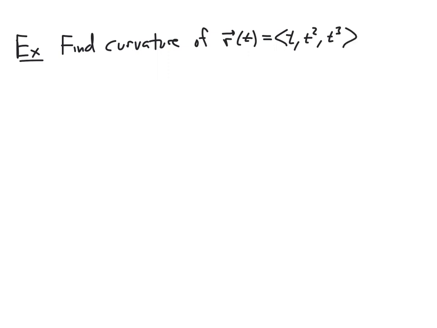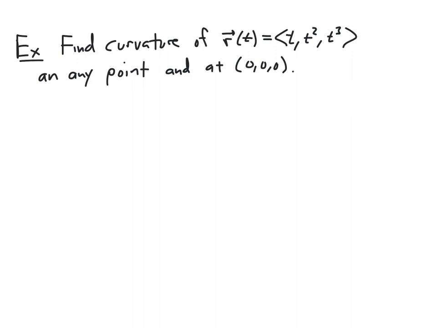In particular, we want to find the curvature of this at any point t, and at the particular point 0, 0, 0. So we also want to evaluate this function at this particular point.